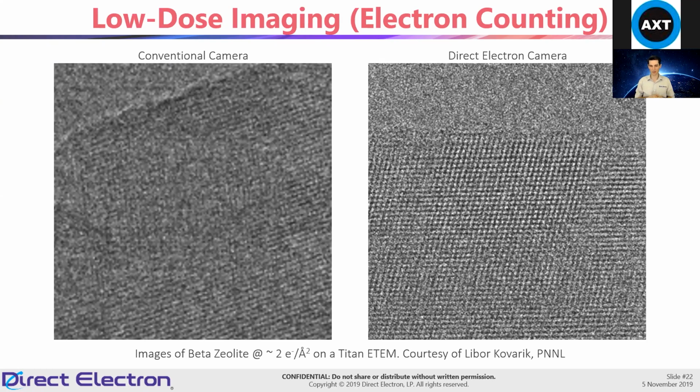Both have about 2 electrons per square angstrom total dose. And so you can see the difference with electron counting is that you can then really see the atomic structure of the zeolite material. And on the left-hand side with the conventional, fiber-coupled camera, it's pretty blurry. There's not really a whole lot of information because there's so much noise in the image.